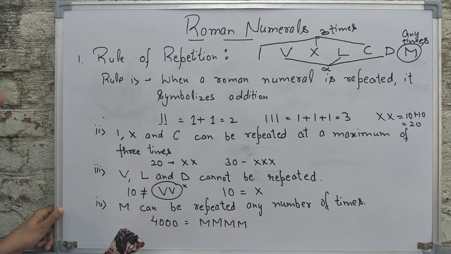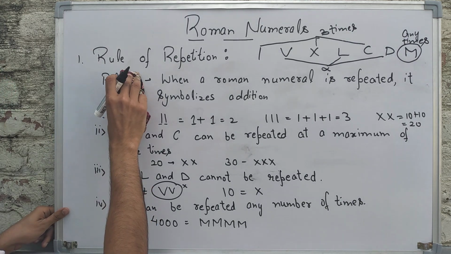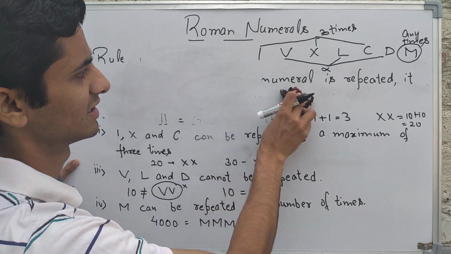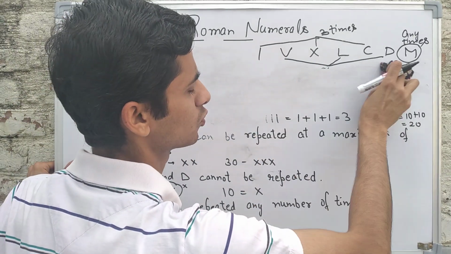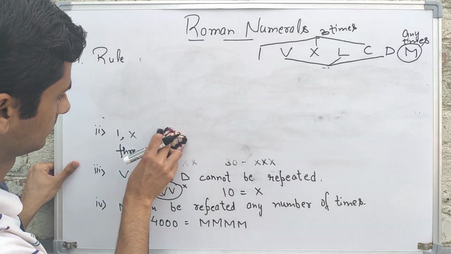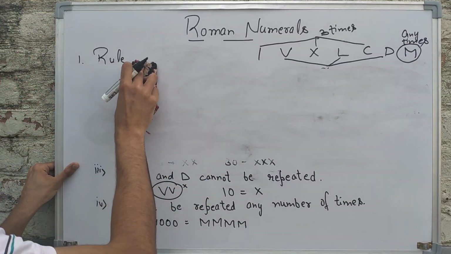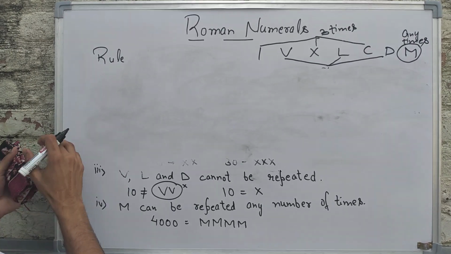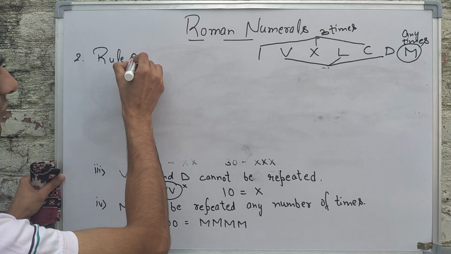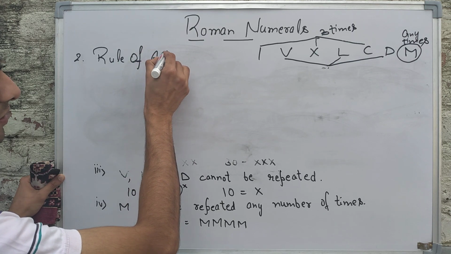Now let us see what the second rule says, and that is called rule of addition. Rule 2, or rule of addition.